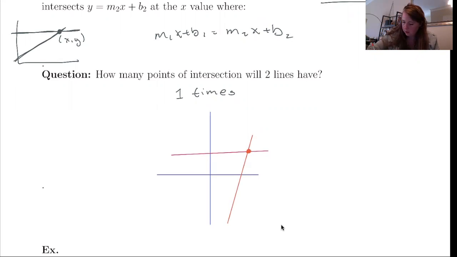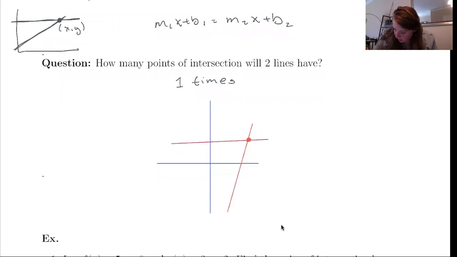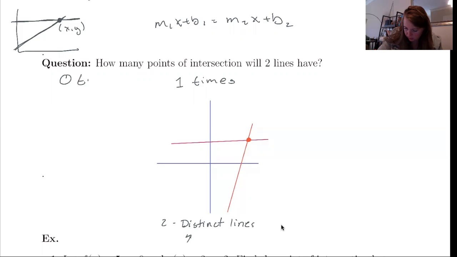So two lines will intersect once if they are two distinct lines. And by distinct, we mean nothing in common, right? We've also seen when they will never intersect, so 0 times.